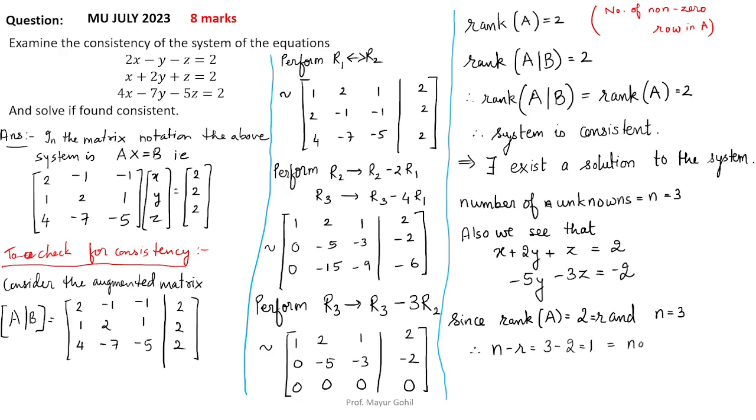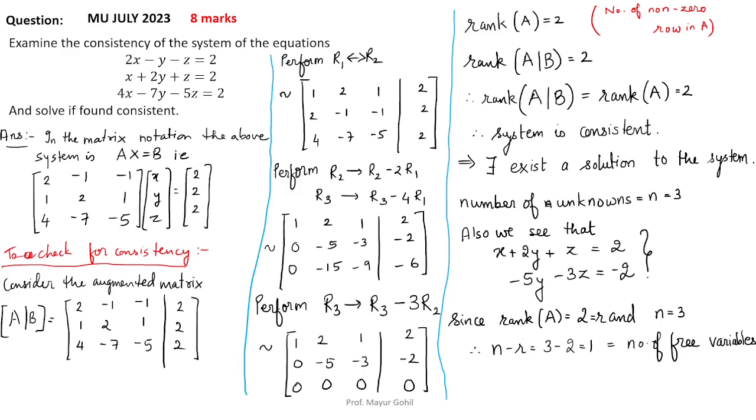This is the number of free variables. Okay, free variable. So we are allowed to choose one variable free of our choice. That can be any one which we want. So the thing is going to be like this here.